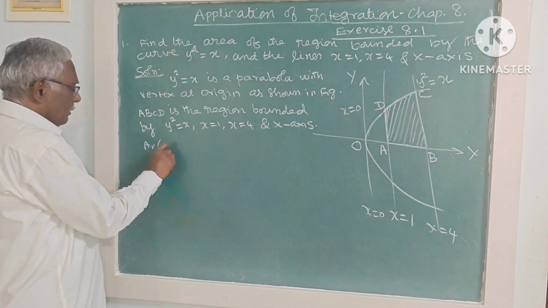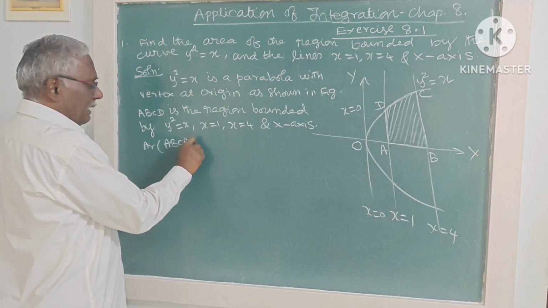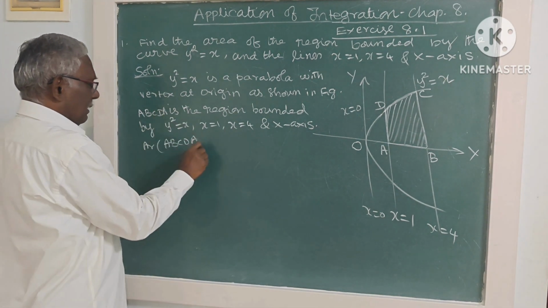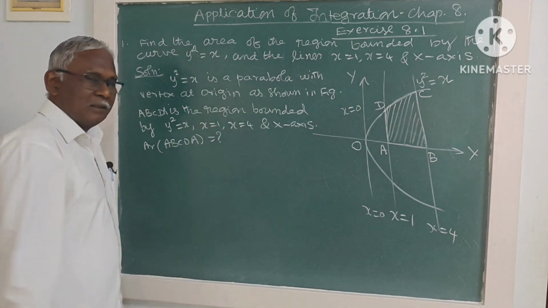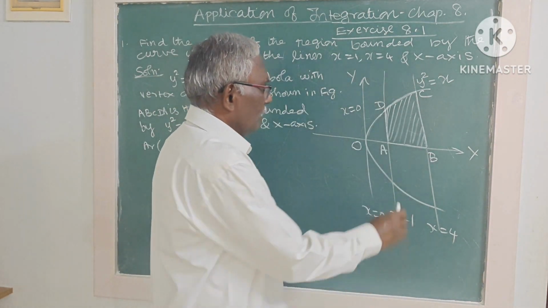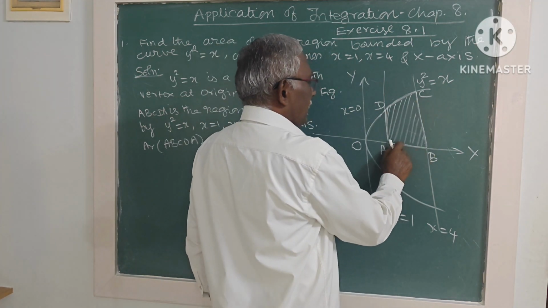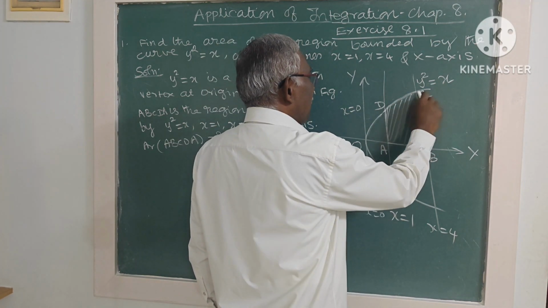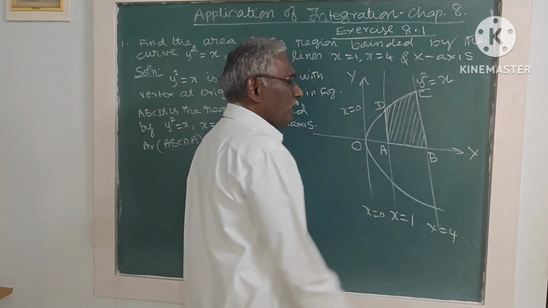So the area of ABCDA is what? To find the area of this region, we should know the equation of this curve. Y square is equal to x.